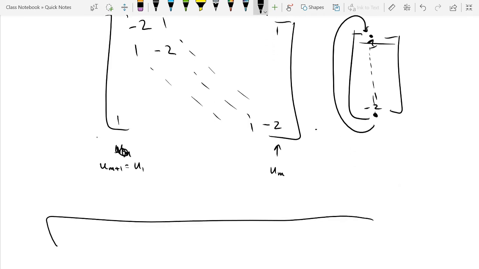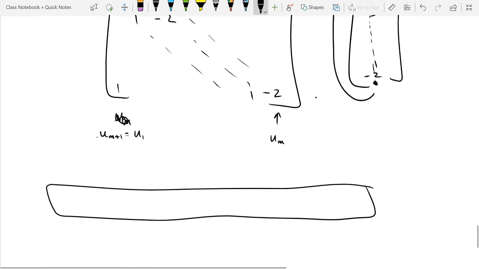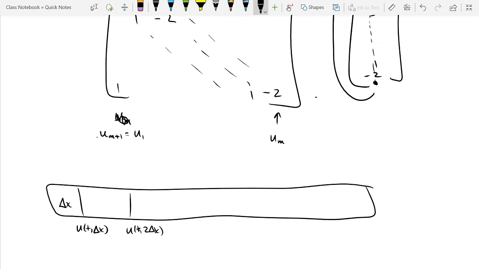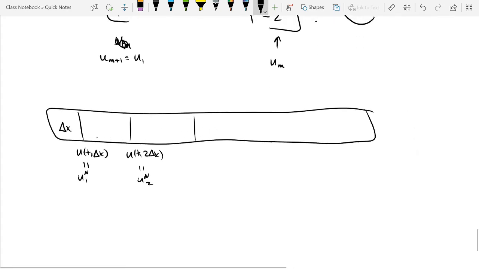So I said that, if you go delta x over, then you have u of t, let's just say we start at 0, this is delta x. The next one over is u of t 2 delta x, right? This is what we're then calling our approximation of u sub n 1 and u sub n 2.